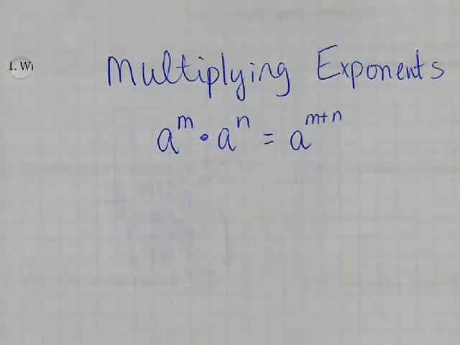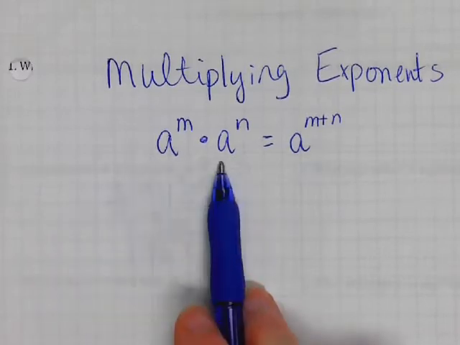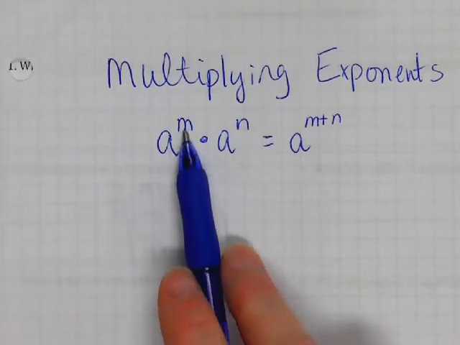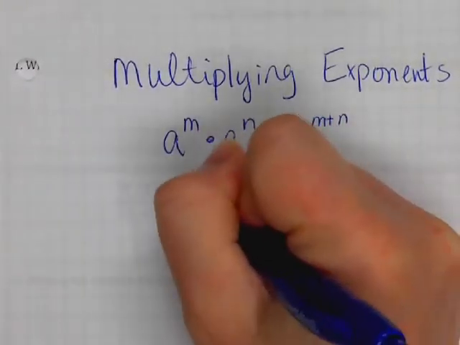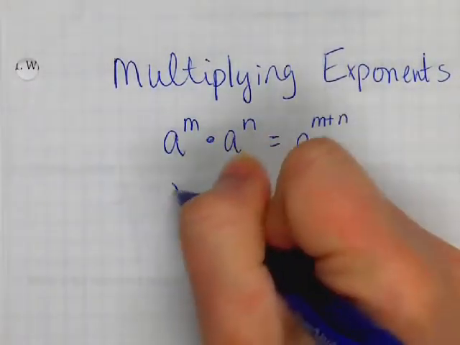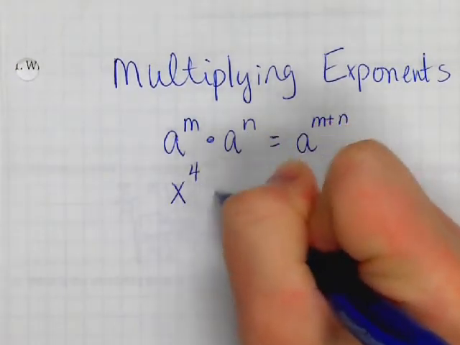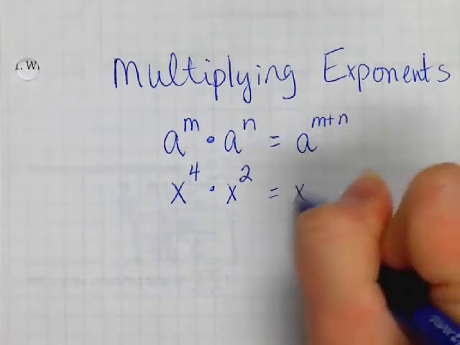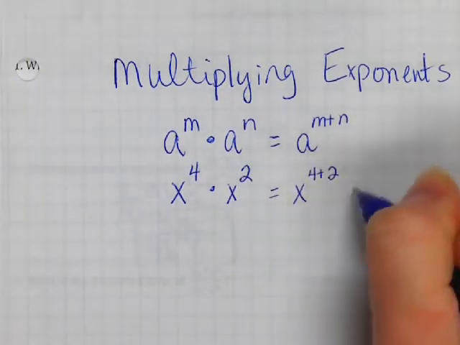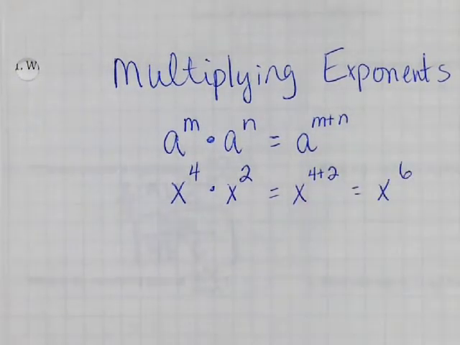That's saying if the base is the same, all we have to do is add the exponents. So if I had x to the fourth times x to the second, that's going to be x to the 4 plus 2, which is just x to the 6th.